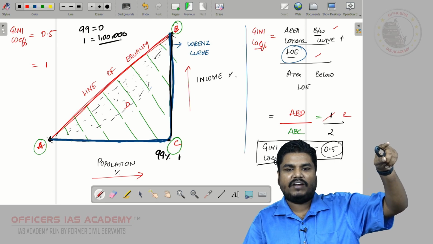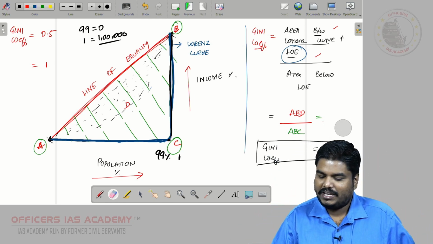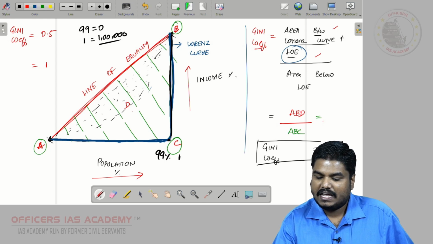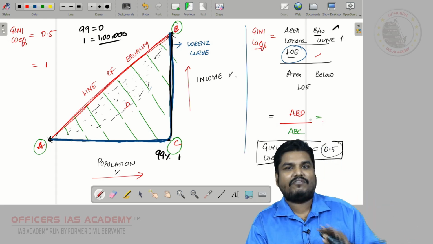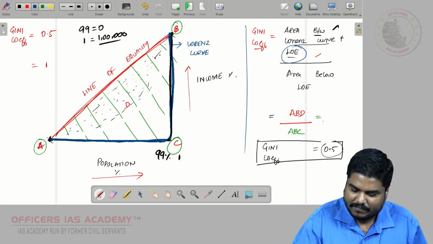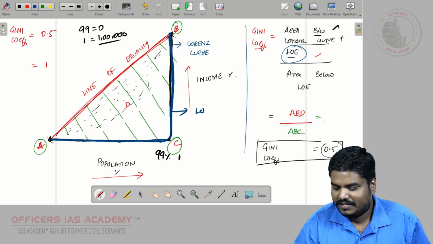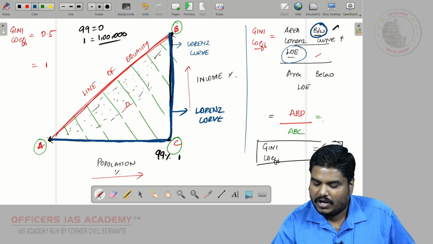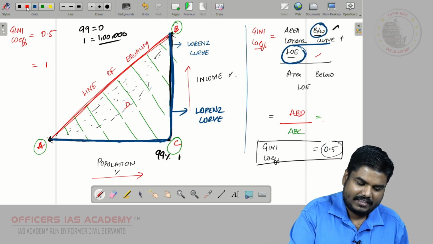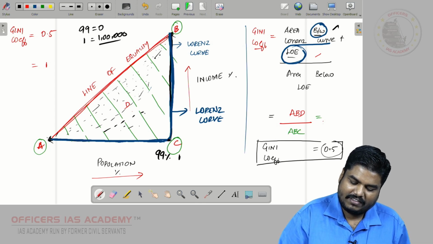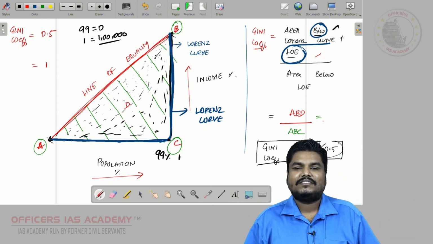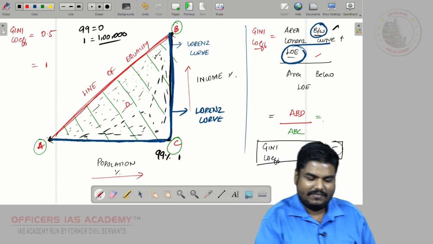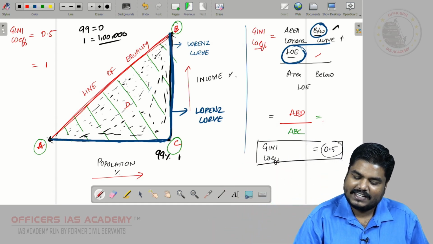Now we will go by the Gini coefficient concept. What is the Gini coefficient? The area between the Lorenz curve and the line of equality divided by the area below the line of equality. Now this blue is the new Lorenz curve. The area between the Lorenz curve and the line of equality: now everything is dotted. The entire triangle is dotted, because the area above the Lorenz curve includes the entire triangle.